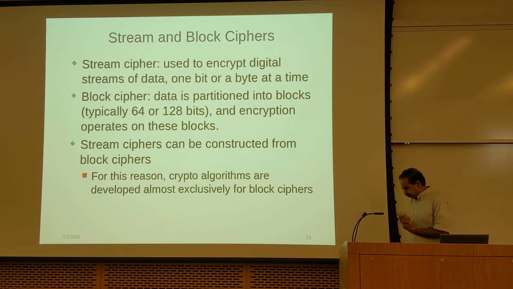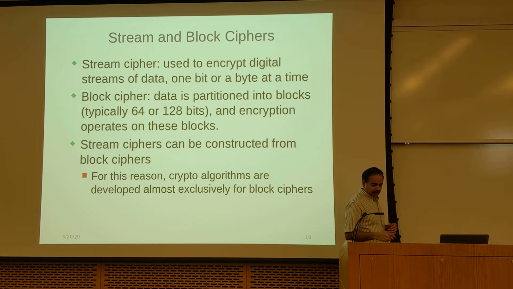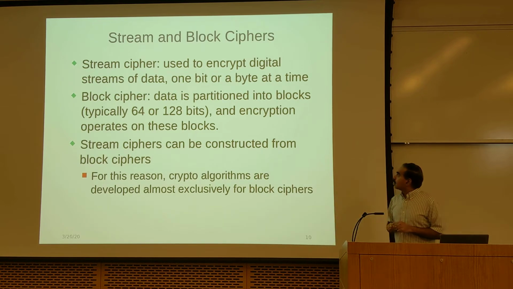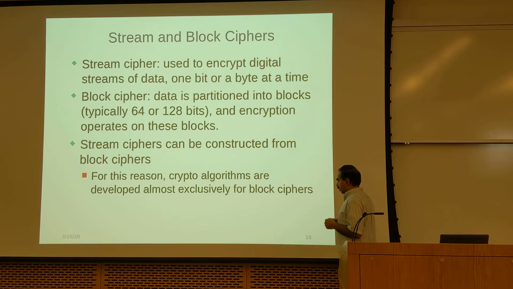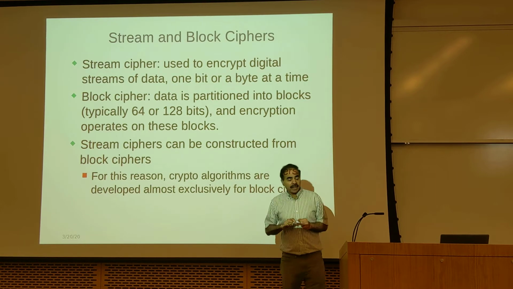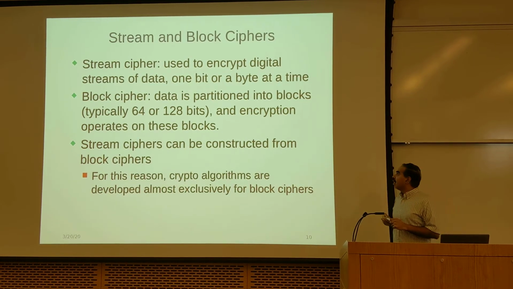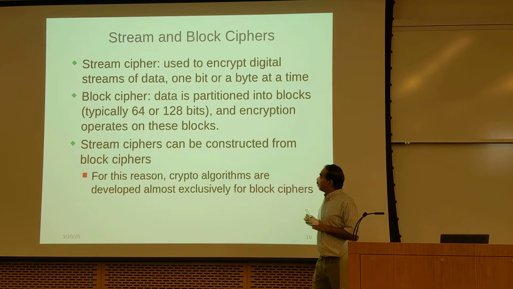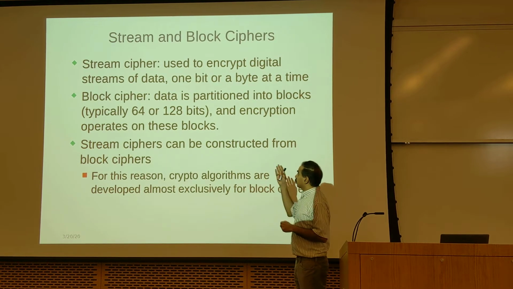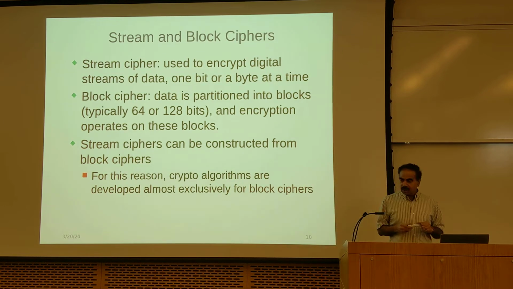So we talk about two types of ciphers or secret key crypto algorithms. One is called a block cipher, and another is called a stream cipher, right? A block cipher operates on blocks at a time. The data blocks are typically either 64 bits or 128 bits.